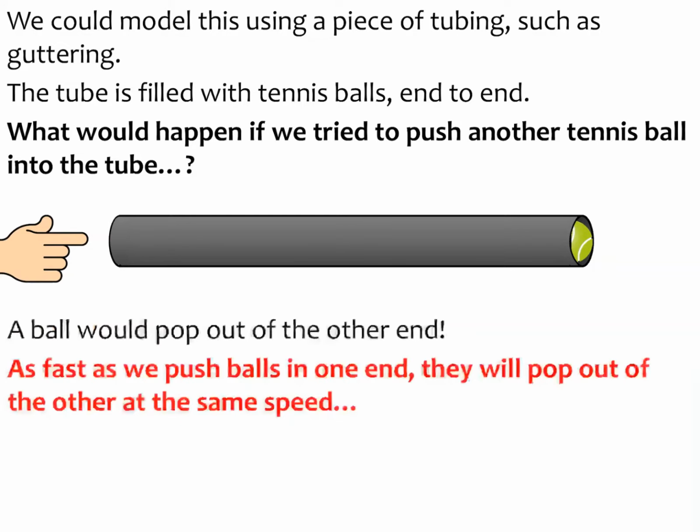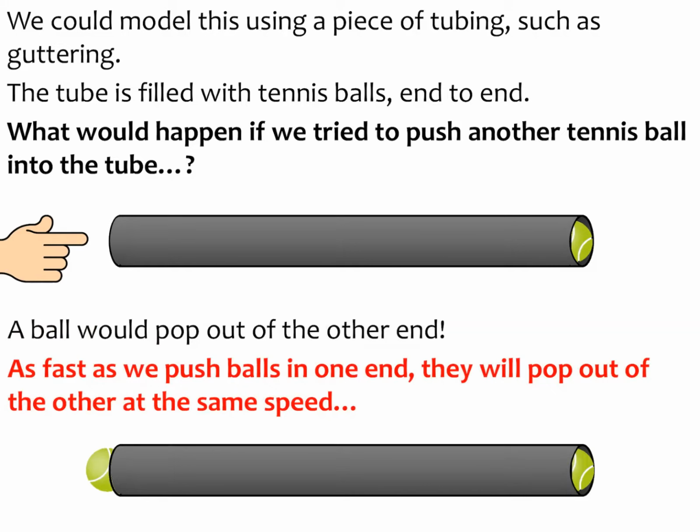And as fast as we push balls into one end of the tube, they will pop out of the other at the same speed. Now the number of balls inside that tube does not change, it remains the same. As long as we are pushing the balls in at the same speed as they're coming out, the number of balls inside will stay the same, and that models our salt dissolving in water. As long as the rate of crystallising and dissolving is equal, the amount of solid salt remains the same.